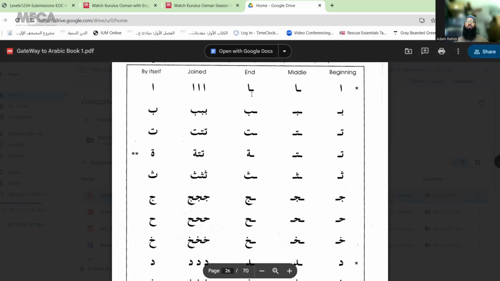Okay. So generally in the Arabic language, at the end of the word, because the beginning and the middle for these two look the same, the difference comes in at the end of the word, right?